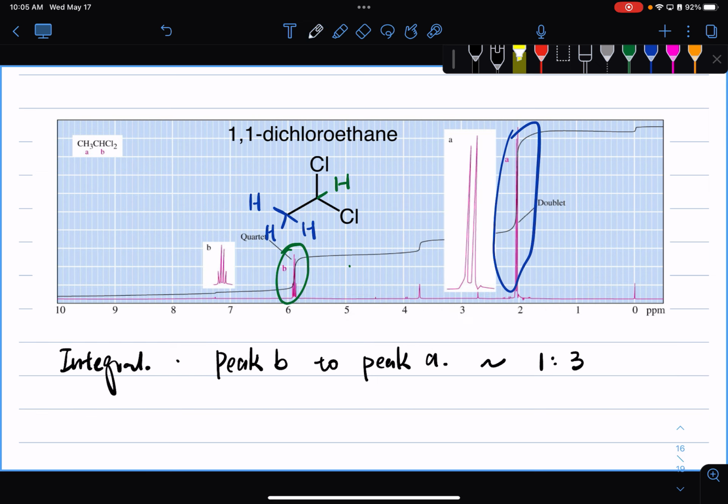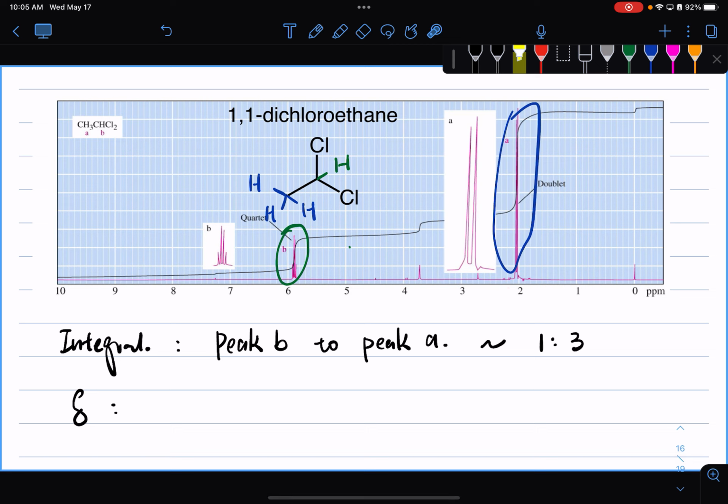You can also use the chemical shift, or delta ppm here. If you think about it, our peak A here is more shielded. It's closer to our TMS reference. While our peak B here is more de-shielded. So if you're comparing these 2, peak A has more nuclei around it to shield it from the environment. So peak A is more shielded, or more upfield.